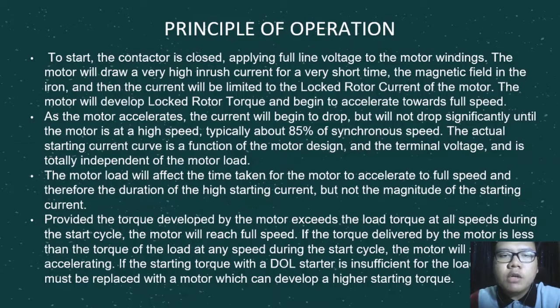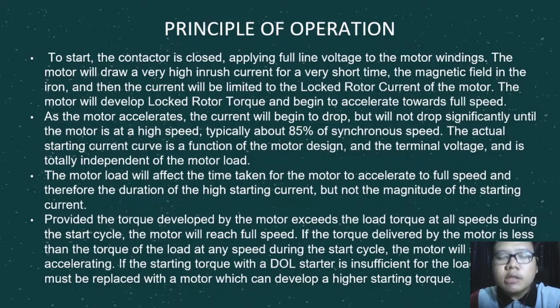Okay, principle of operation. To start, the contactor is closed, applying full line voltage to the motor windings. The motor will draw a very high inrush current for a very short time. The magnetic field in the iron and then the current will be limited to the locked rotor current of the motor.